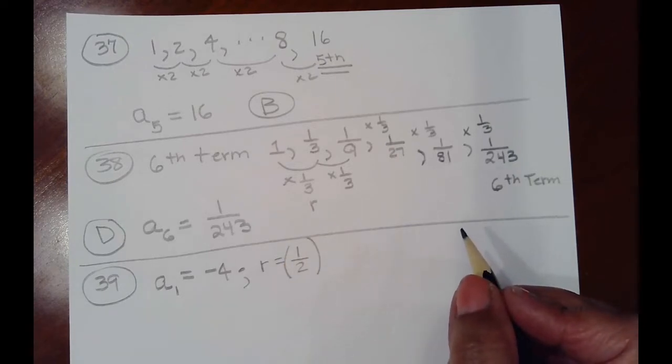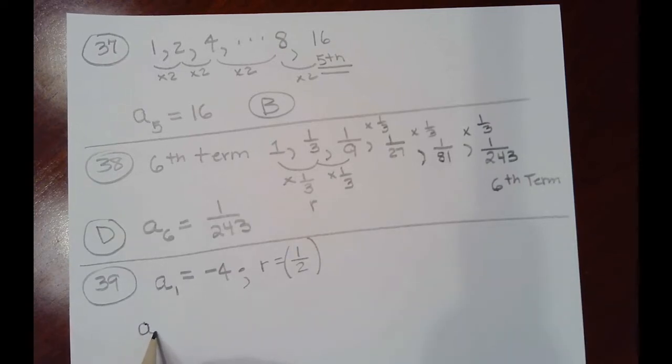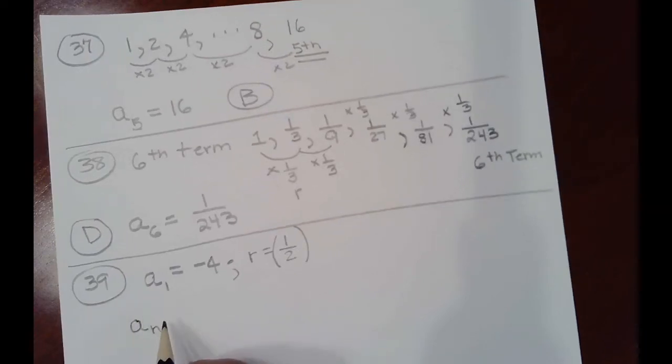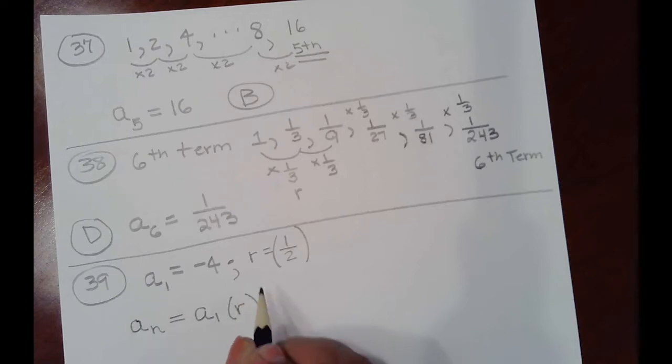Okay, so they want the nth term of the geometric sequence. So back to that formula that I introduced when I was doing 34, 35, 36, where I was finding the nth term and the fifth term. Here they just want the nth term, which is the first term times the r value raised to a power of n minus 1.